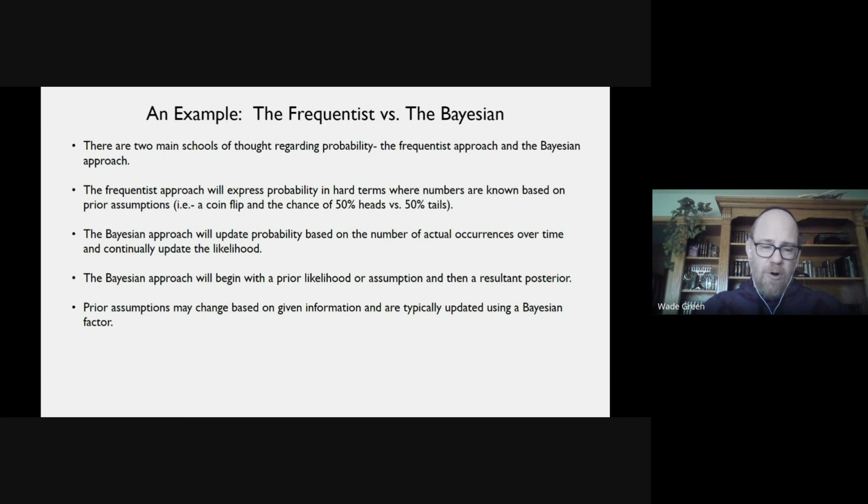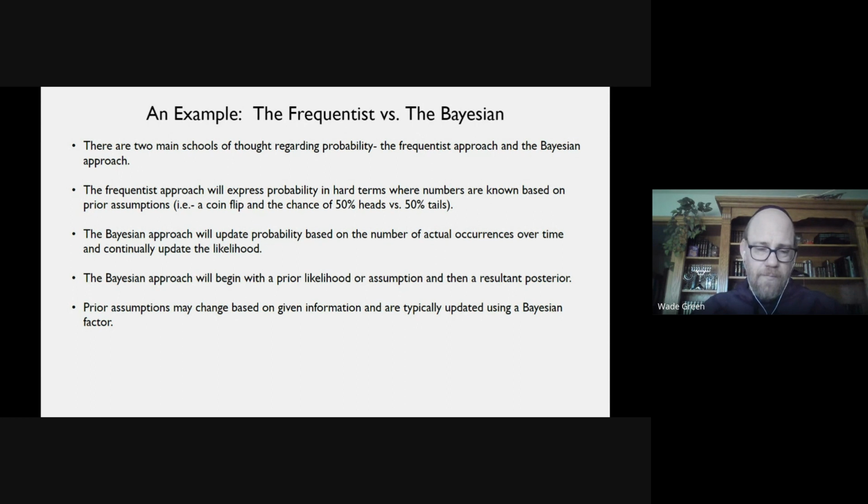So the Bayesian approach actually constantly updates the likelihood of heads versus tails based on occurrences over time, and continually updates the likelihood of one outcome versus another. I'll show you another example of that in a second. Ultimately, the Bayesian approach will generally have a prior likelihood that it begins with, and it will be constantly updating its assumptions, and then result in a posterior probability, right?